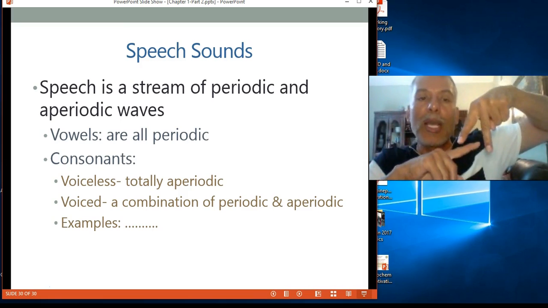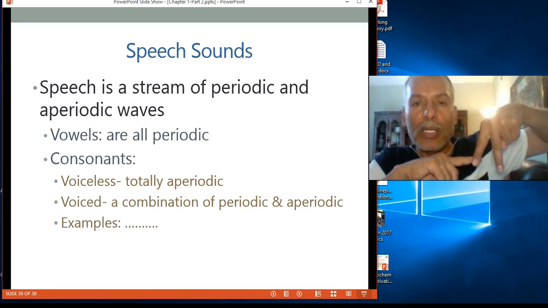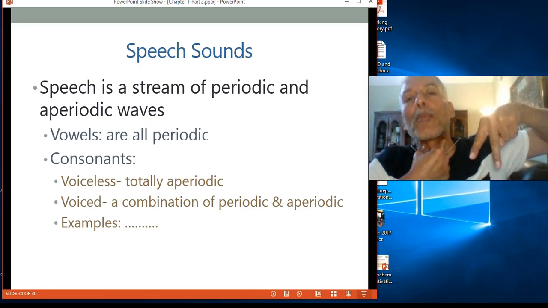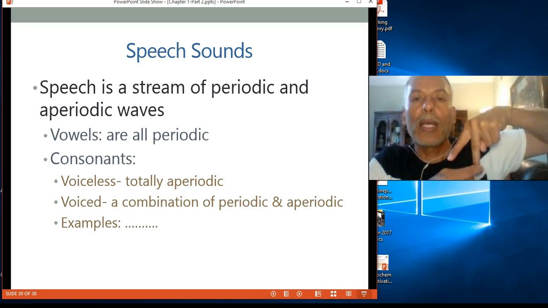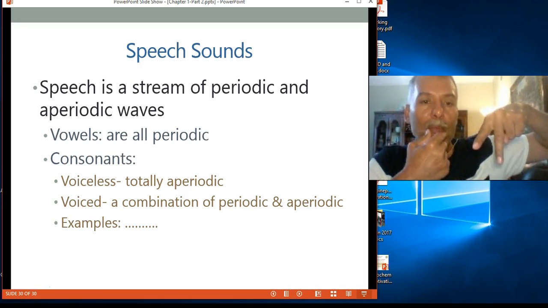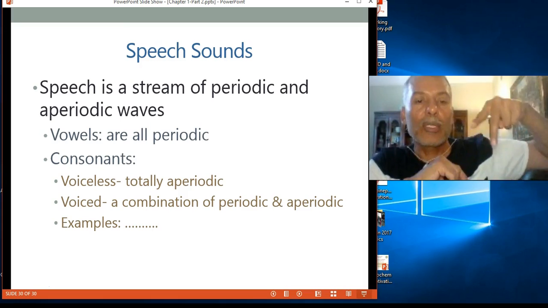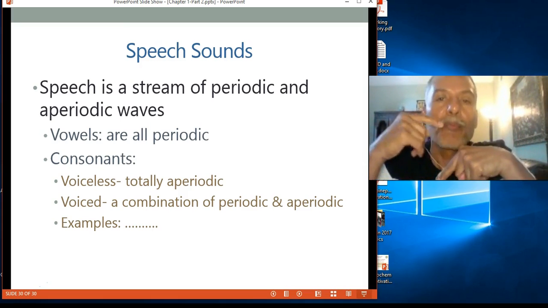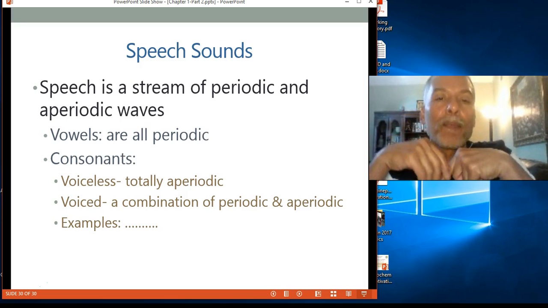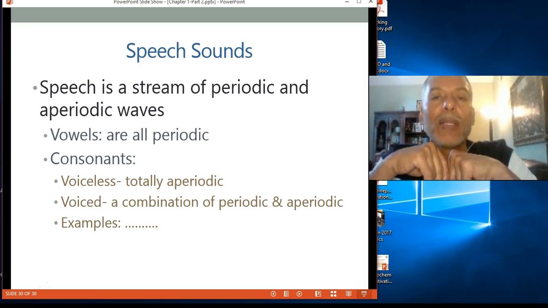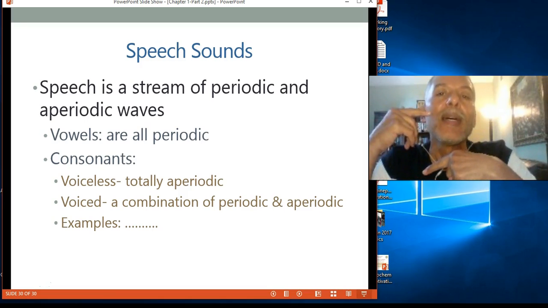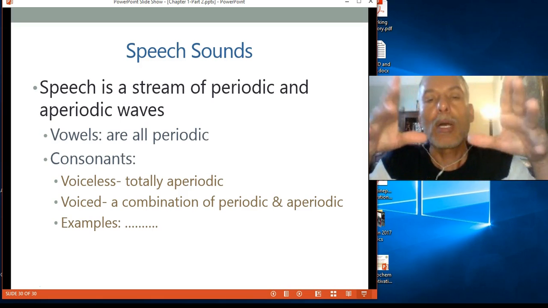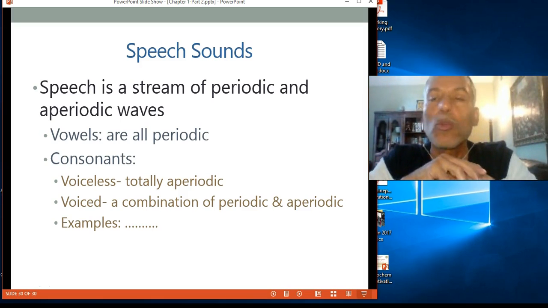And one group is a combination of vocal fold vibration and oral cavity noise. Let's give you examples of both. Voiceless sounds, as I told you, S, th, f, t, k, p, all of these are voiceless sounds, no vocal fold vibration at all.